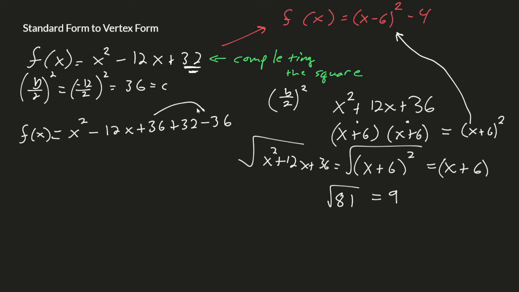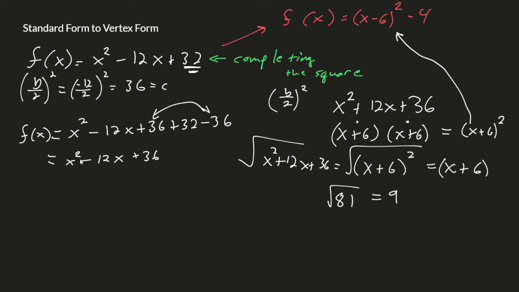You see these two values would technically cancel out, but I can make use of 36 here to complete the square. So we need to add 36 and subtract 36 so that we haven't changed the actual value of our function.